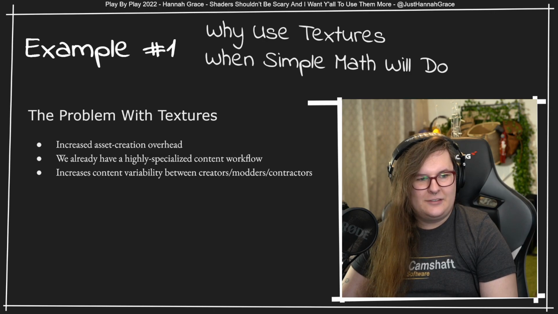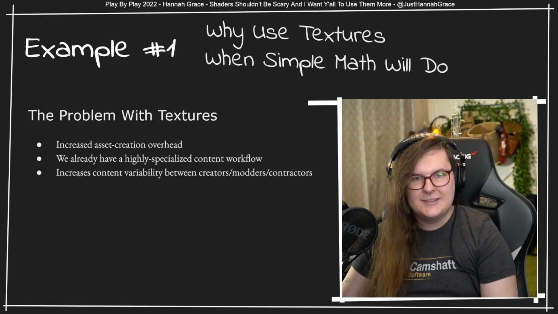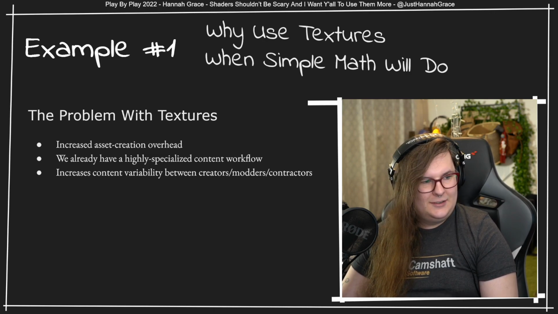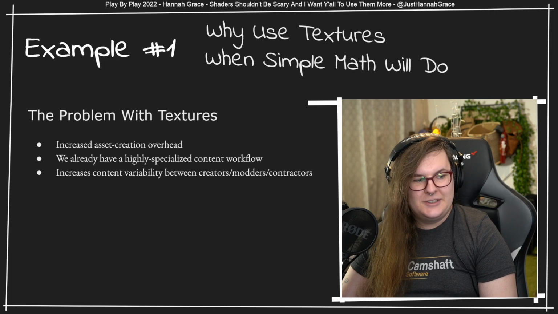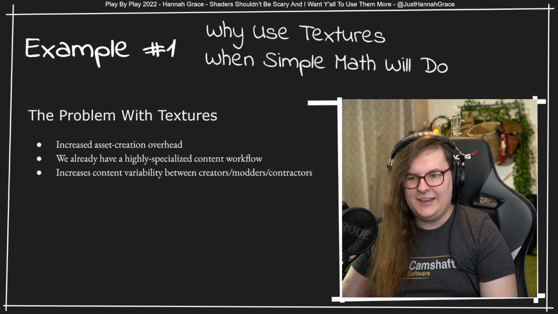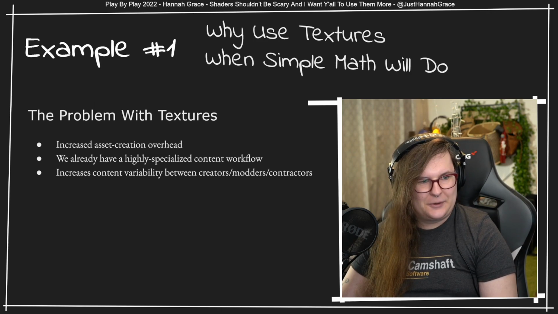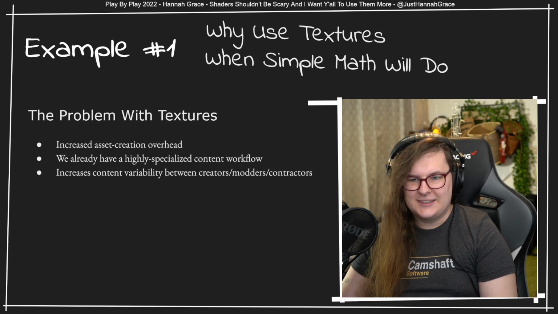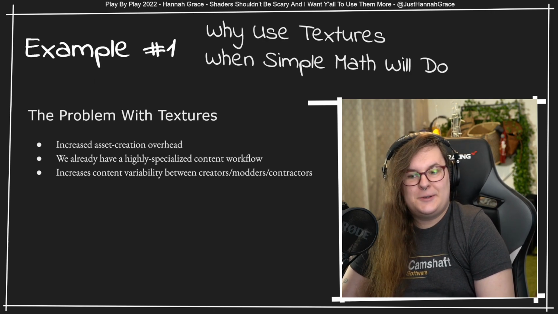And because we have a vast amount of modders and contractors that we work with, it means there's an increased content variability between those creators. No one does things the same way, and it would require a lot of extra work to onboard everyone to make sure everything works exactly the same way, so we just don't do it that way.